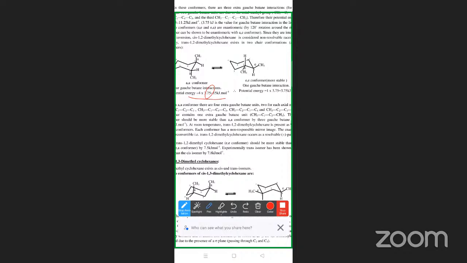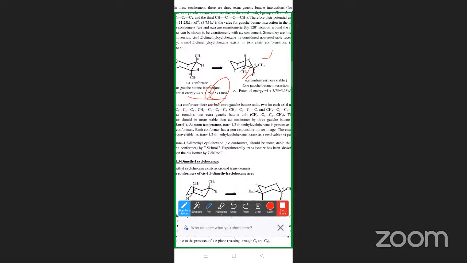right? And in the di-equatorial, you see, there is no gauche interaction, right? The methyls are equatorial, okay, and here equatorial. There is no gauche interaction, right?